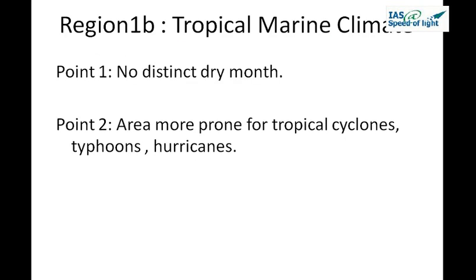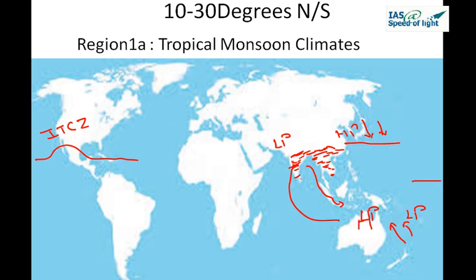Now the second region which we want to define in this 10 degree to 30 degree north and south is the marine climate. So let us mark that marine climate.